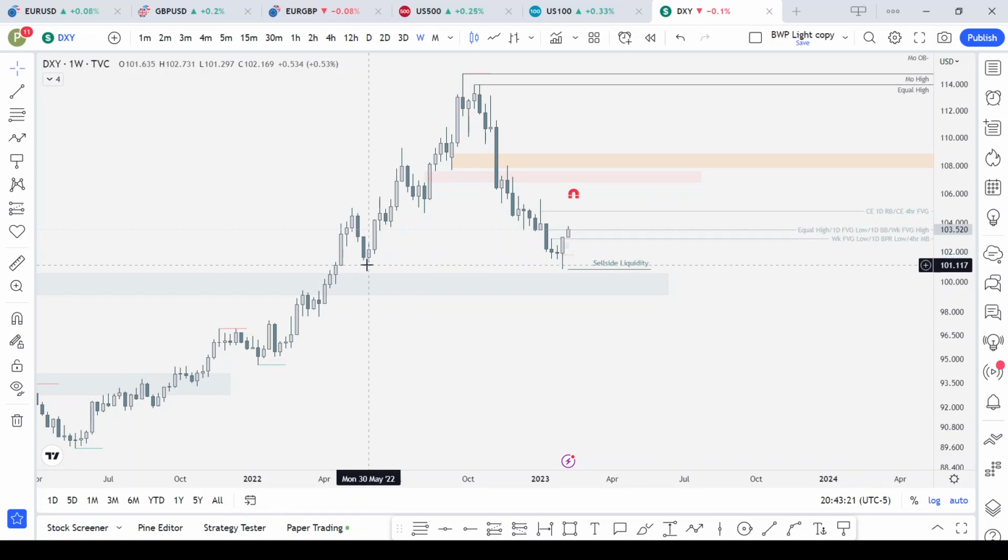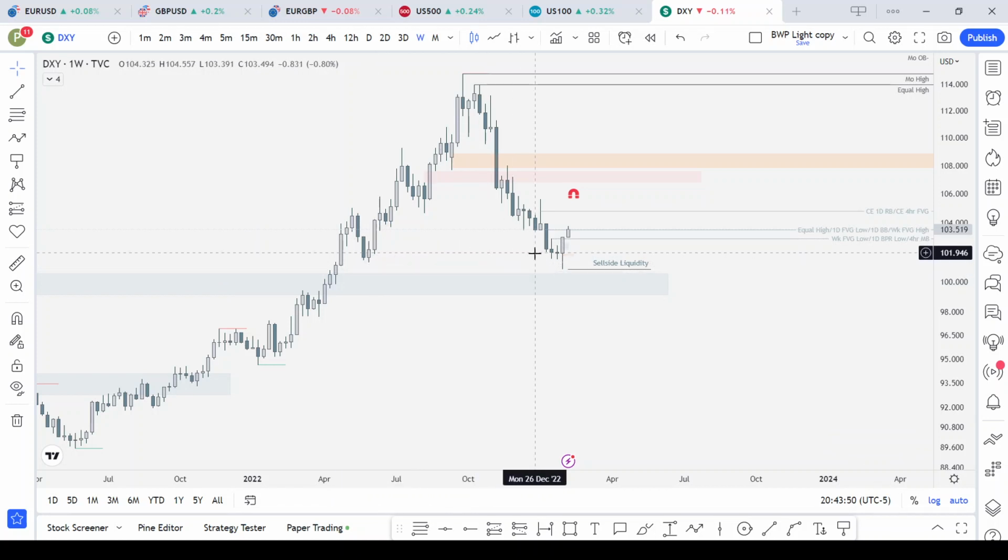30th of May. Okay, so this is a monthly low. Price has dropped down, taken it as liquidity and rallied up. Now, let me tell you, the easiest way you can know when a low was used as liquidity, or there is a break of structure, is if there is a close below it. If there was a close below this low, then this is going to be a break of structure of this low.